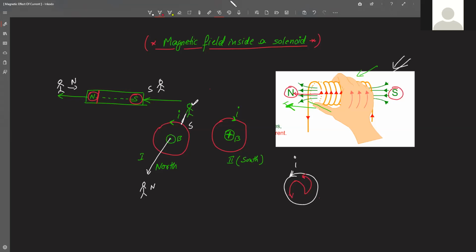Or the opposite, writing S like this. In that case, if I draw the circuit, the current direction will be like this. If this is the current direction, this side of the coil will behave as the south pole, right? So now, coming back to the same thing in the animation once again.